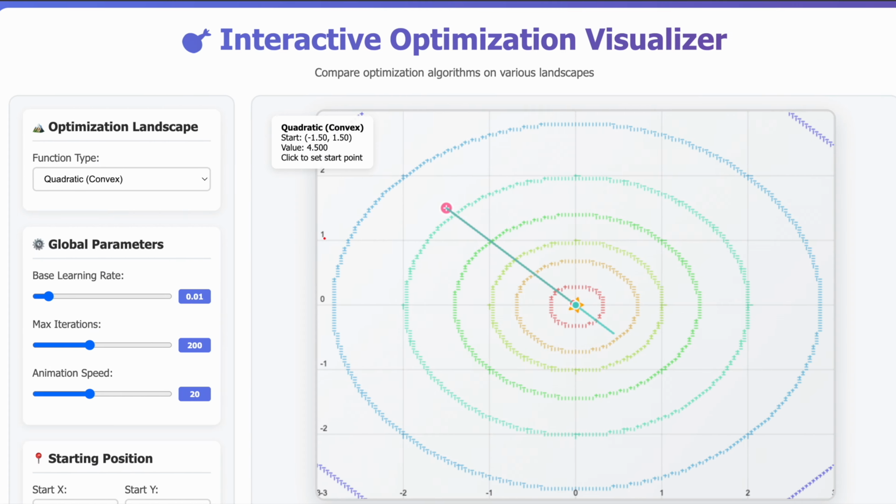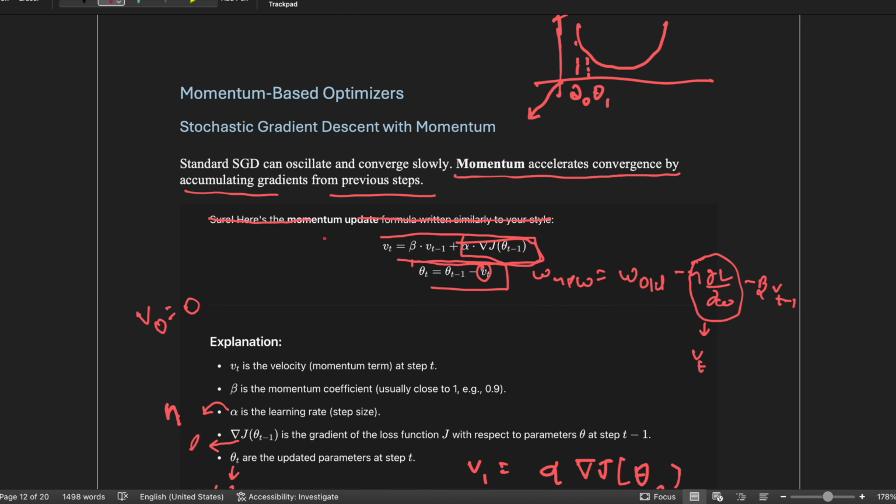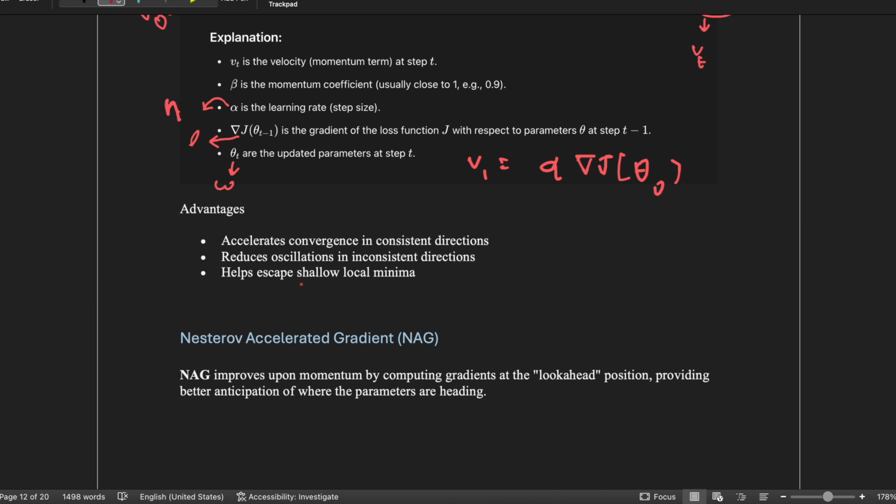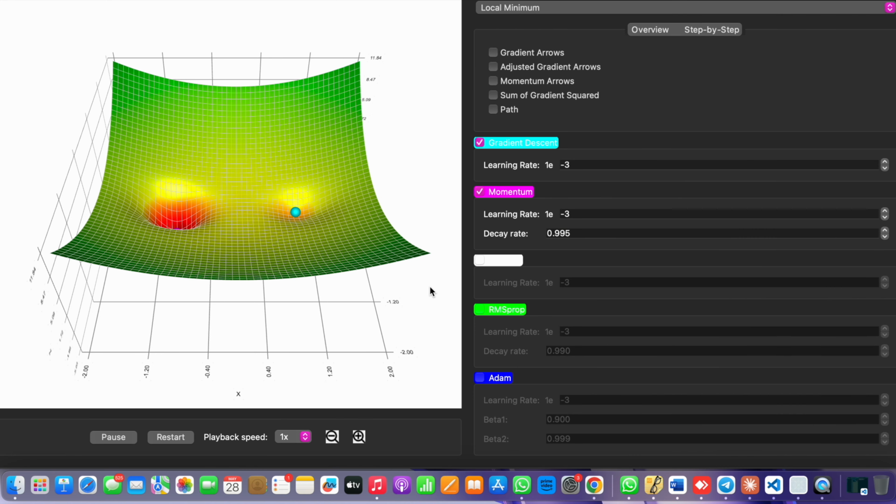And that's the same thing written in that line. If I read it, it helps escape shallow local minima. So this is basically the key advantage of momentum: it helps to escape the shallow minima. If I show you again, starting from this new starting point, you can see it escapes the local minima to settle down in the global minima.